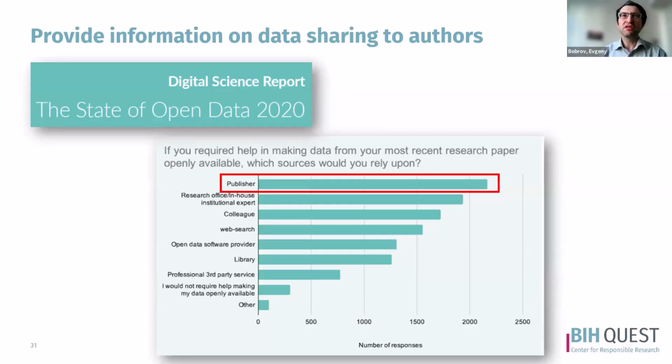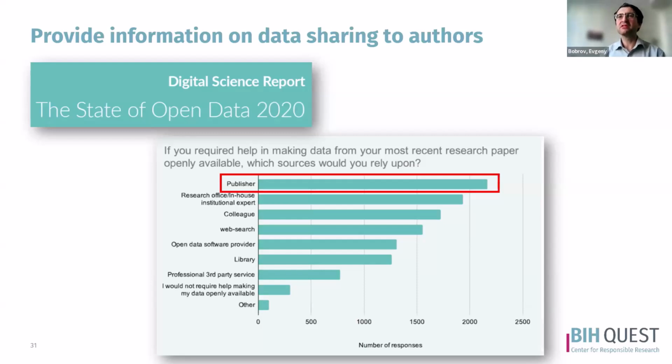And then also my statement that information about data sharing and appropriate repositories should be provided to authors is also corroborated by this 2020 State of Open Data report, which conducted a survey amongst researchers, and they found that of all the venues and ways in which authors could get recommendations about data sharing, the publisher was considered the most important venue, or as it's phrased here, the venue where they would primarily go to receive help that they require.